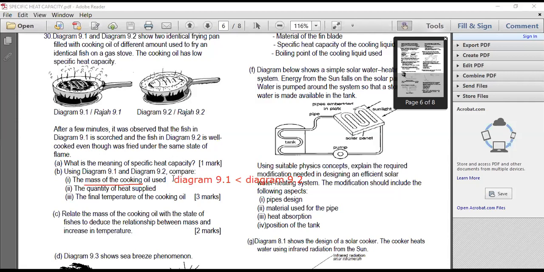Next, the quantity of heat supplied. The flame is the same, so you can say same. And then the final temperature. This one is more than this one, that's why the fish got burnt. So diagram 9.1 is greater than diagram 9.2.